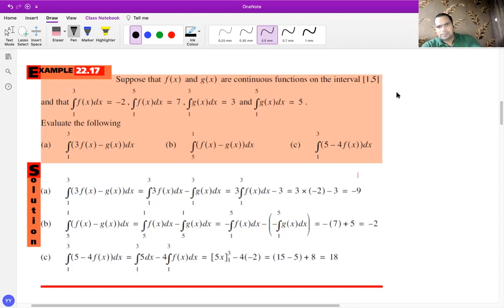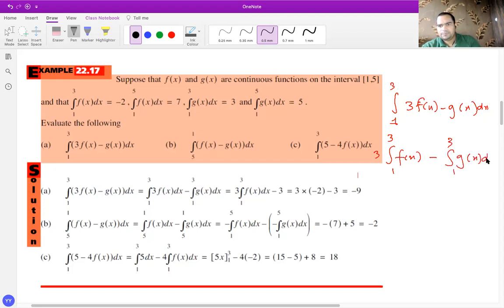So let's say I have to integrate 3 times f of x minus g of x from 1 to 3. What I can do is firstly split this integral. I can take 3 outside: integral 1 to 3 of f of x minus integral 1 to 3 of g of x.